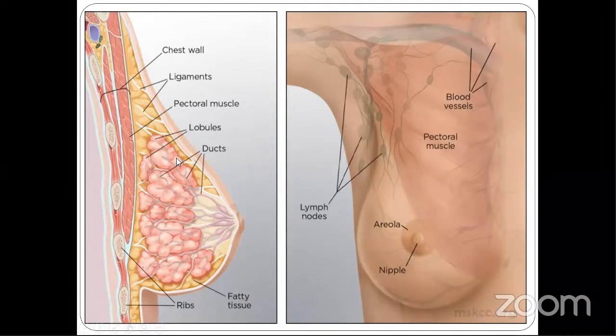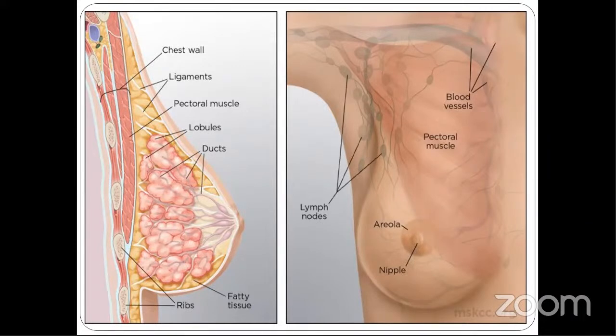So the summary of this slide: first, the lobules are separated by ligament, as we see in this white color here. This ligament is called Cooper ligament or suspensory ligament.